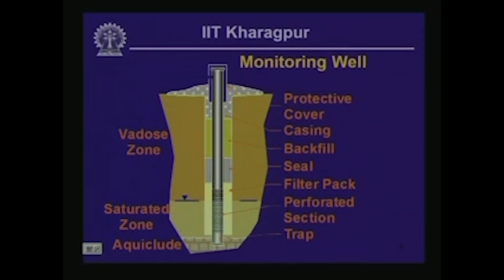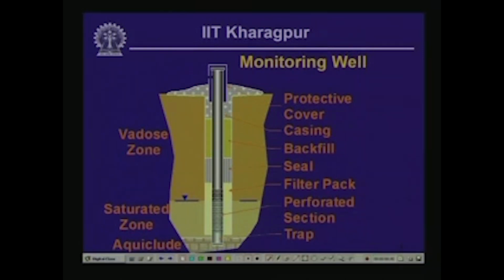Let us go from the top. At the top end of the casing you can see a cap, and there are two vents on the left side of this sketch, and these vents are provided to give vent to any gases that might be present in groundwater.